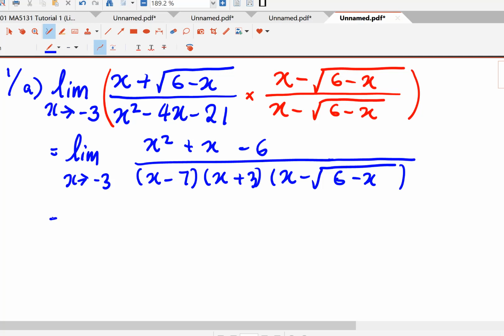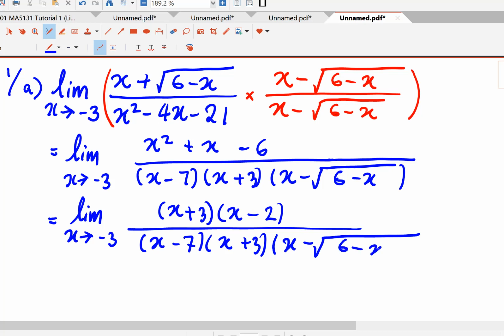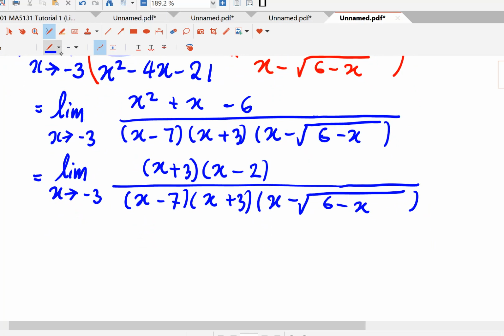Then you can factorize the numerator. When you factorize, you get x plus 3, x minus 2, and the denominator is x minus 7, x plus 3, x minus 6 minus x. Then there's a cancellation that you can do here.